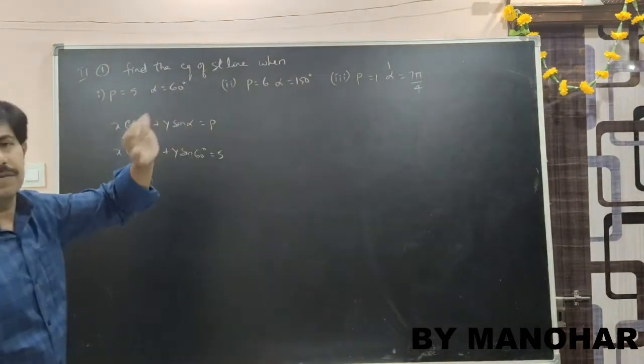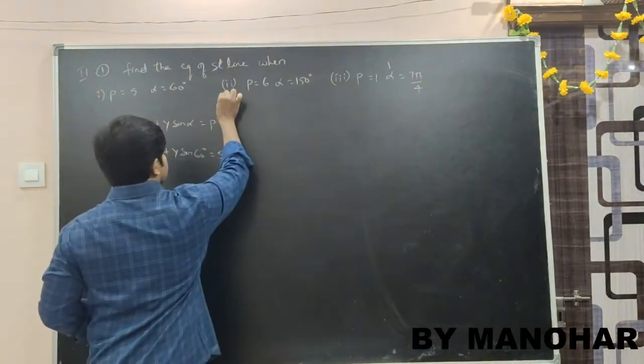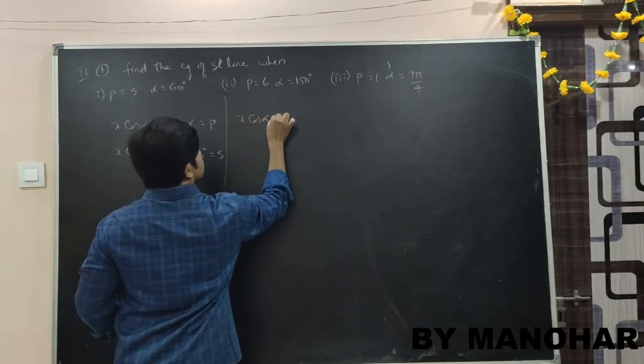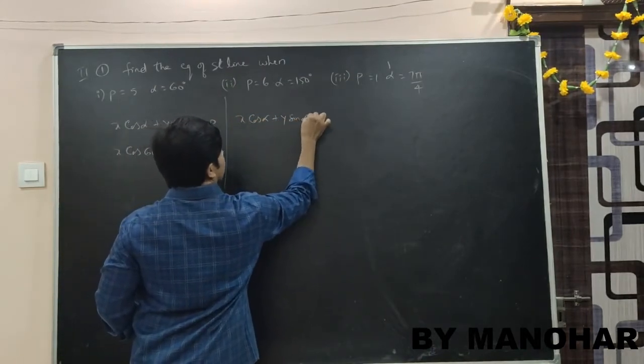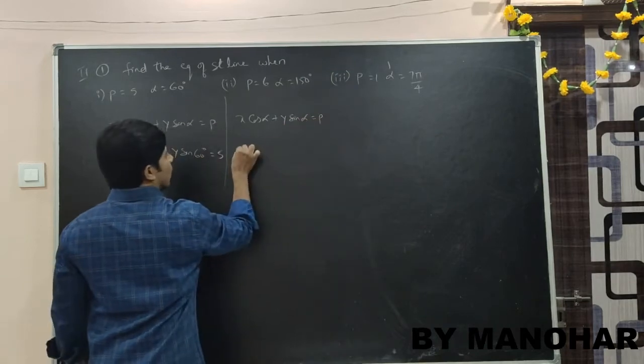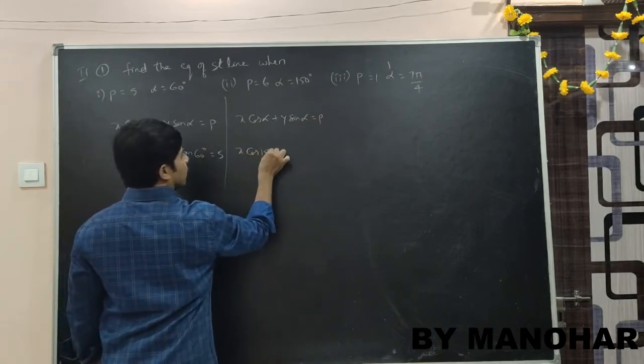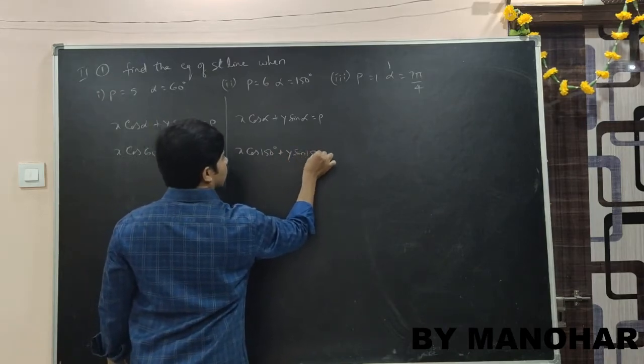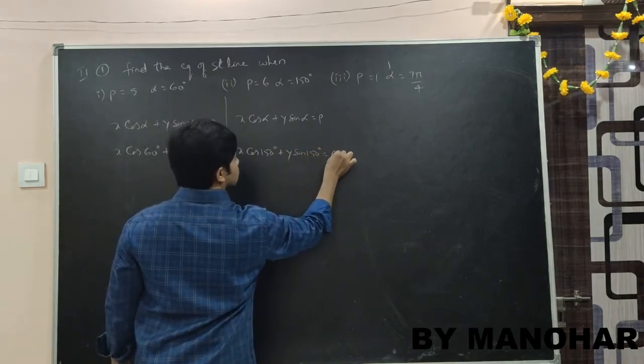Now we see the second one. Write the equation of line as x cos alpha plus y sin alpha is equal to p, so x cos 150 degrees plus y sin 150 degrees is equal to 6.